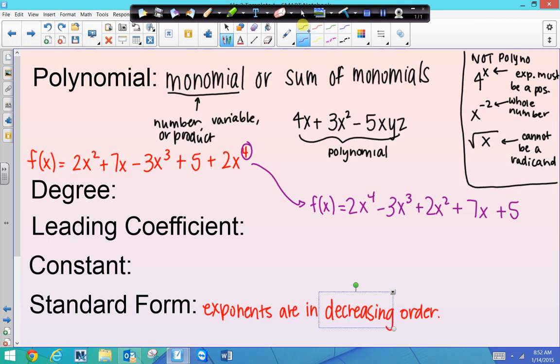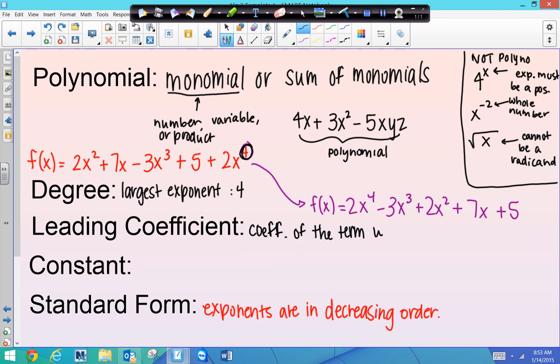When you are in standard form, the degree is really easy for us to find. The degree is just the largest exponent. So in our case, the largest exponent was 4. The leading coefficient is the coefficient of the term with the highest degree.